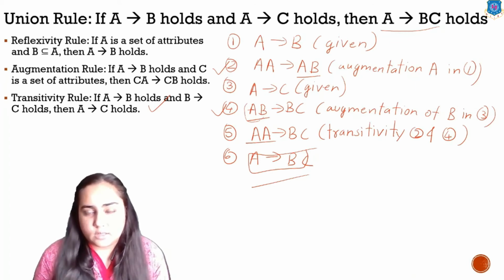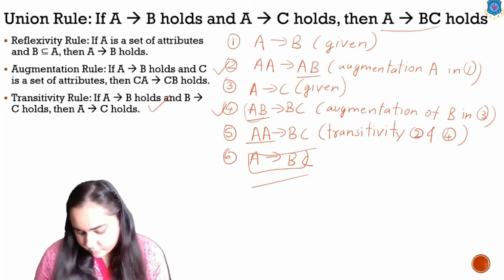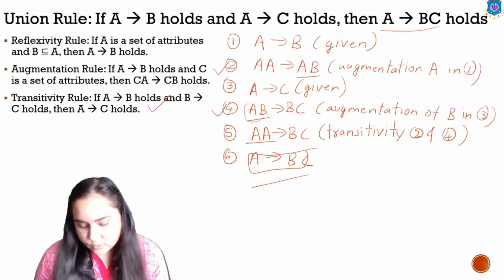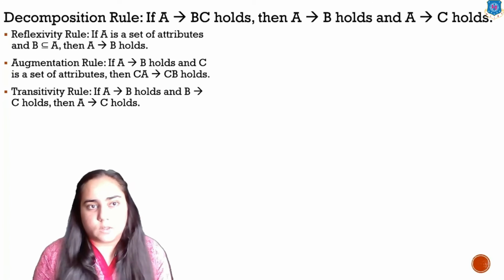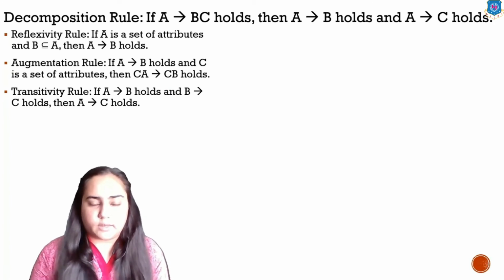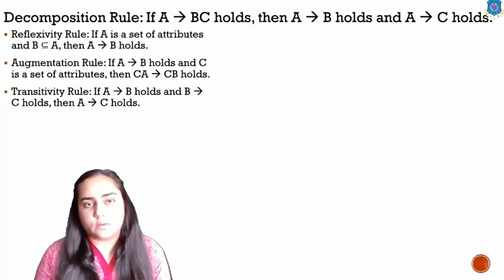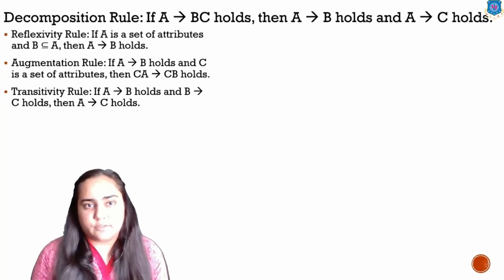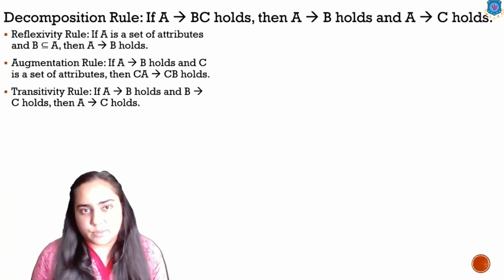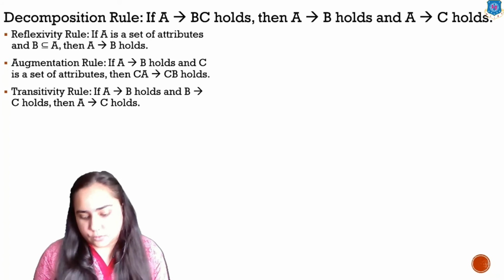Now the next rule that we are going to prove, let me just move on there. The rule is called decomposition rule, and we have already seen what it does. It's doing the exact opposite of the union rule.